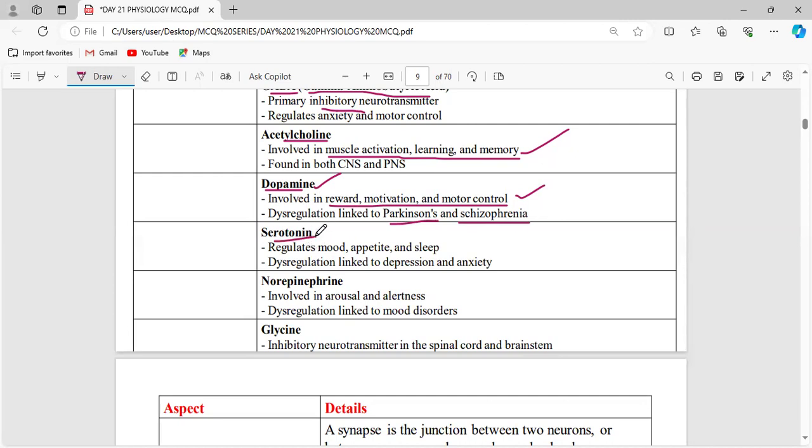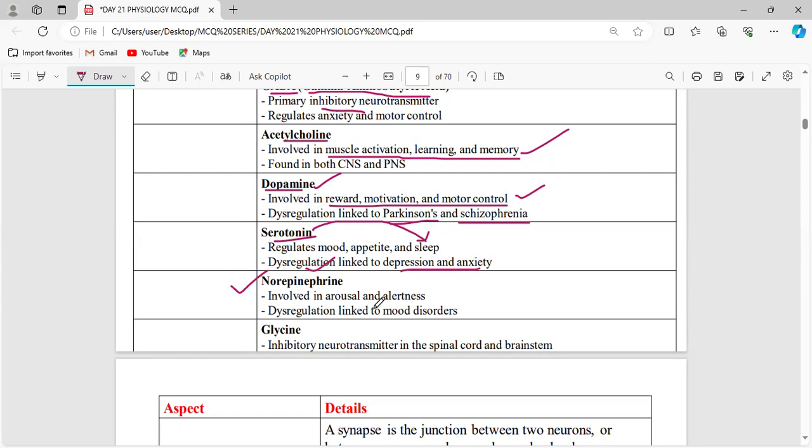And serotonin, this is the most important hormone. It relates to sleep. Okay, and it will be activated only when the lights are off, right? If this particular hormone is dysregulated, it is linked to depression and anxiety, okay, because of loss of sleep.